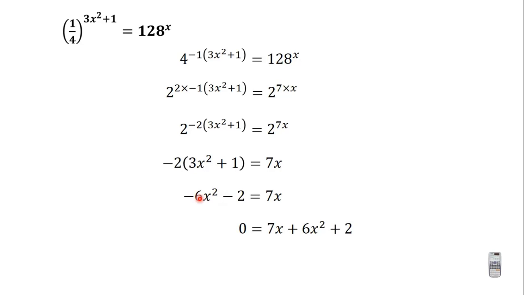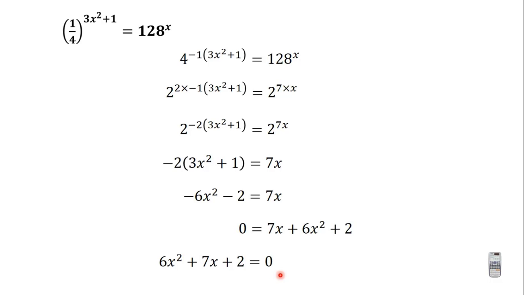So I'll take all the terms on the left hand side to the right hand side. If I take everything from here, you'll be left with 0. So 0 is equal to 7x plus 6x squared plus 2. Rearranging it, you have 6x squared plus 7x plus 2 is equal to 0.